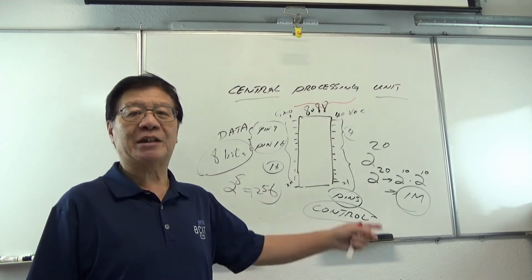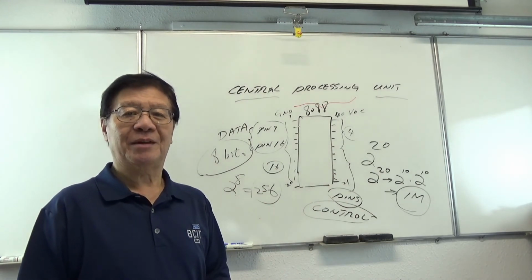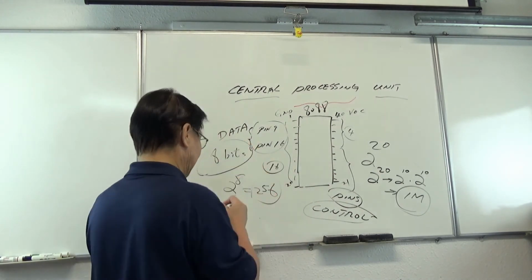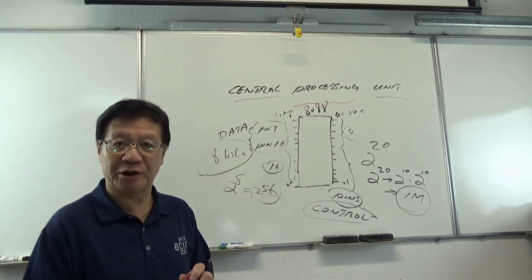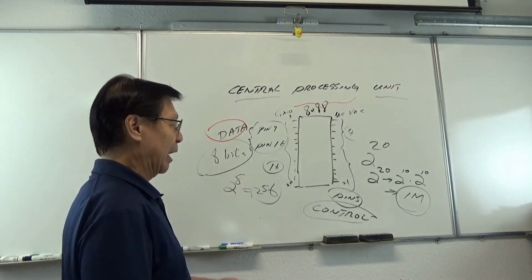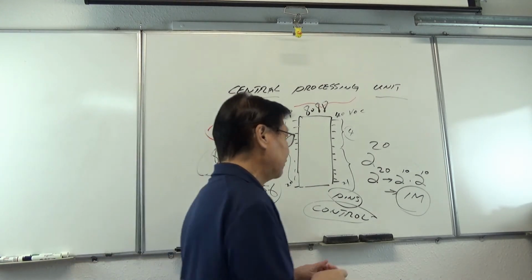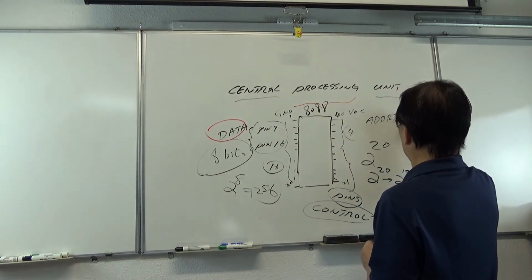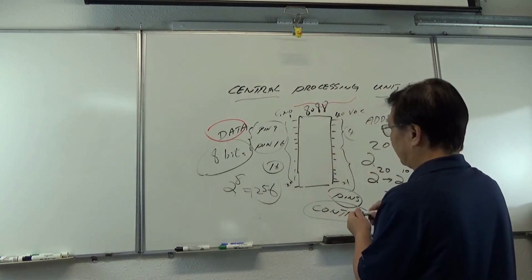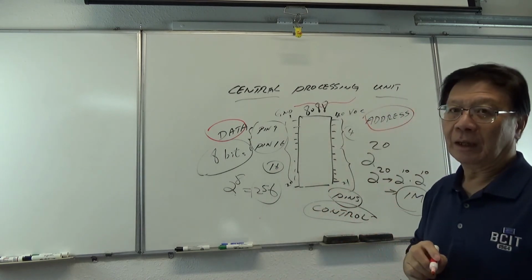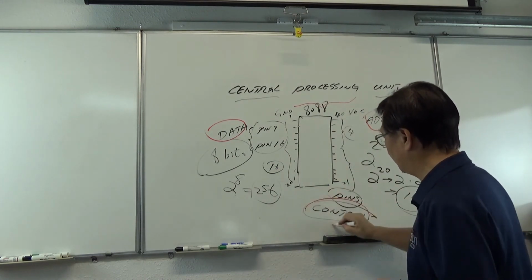Okay? So there are 3 buses on the CPU. Number 1 is the data bus. That's a very important concept. Data bus. And then we have the addressing bus, address bus. And thirdly, we need the control bus.